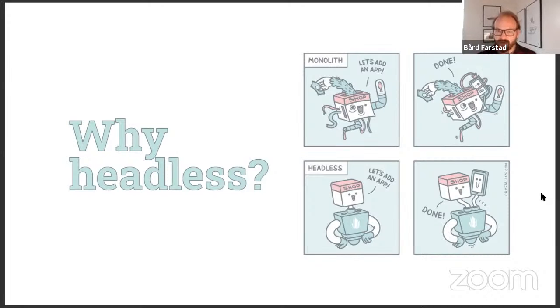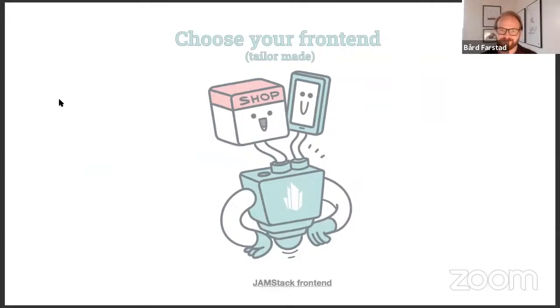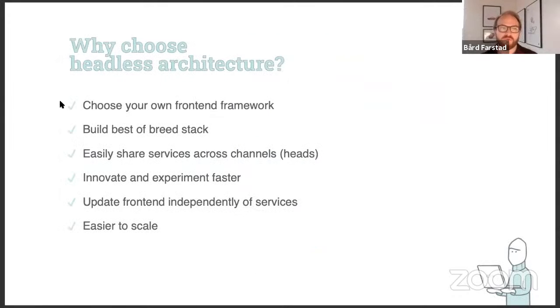And of course, why headless? Why would you go this way? And of course, we all know it's a big trend now that you have headless services for a lot of different ecosystems. But some of the points that we really see when we're talking headless is, first of all, in terms of front end, you can choose your own front end. What does that mean?